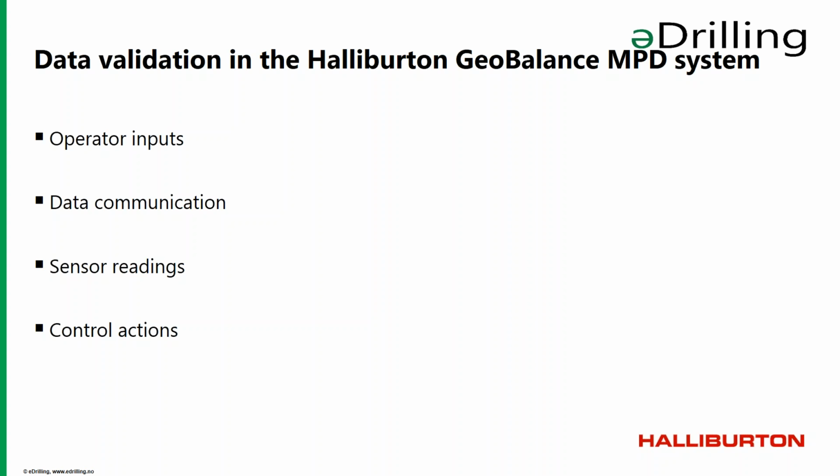So every data point that comes in, either it's operator read, or it comes in through data communication, or it is the sensors that we have. We have several sensors out in the field. All of those are verified to ensure that the data are correct. They're not a huge deviance from the previous value, and if they are, you would get a warning immediately.